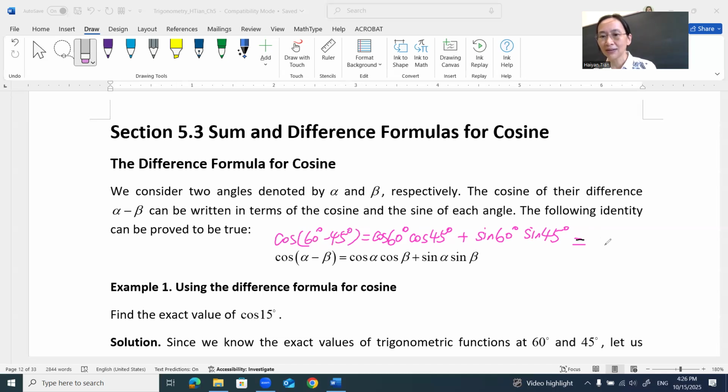Cosine 60 is half, because cosine 60 is the sine of 30. And cosine 45 is square root of 2 over 2.